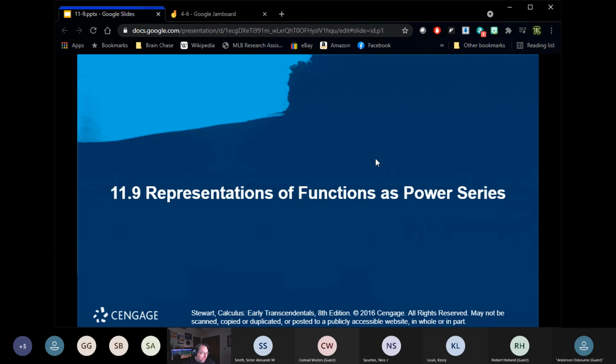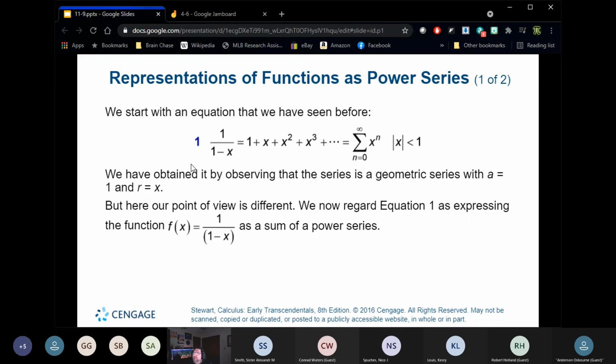All right, let's look at 11.9 a little bit. So 11.9 wants us to be able to take a function and represent it as a power series.